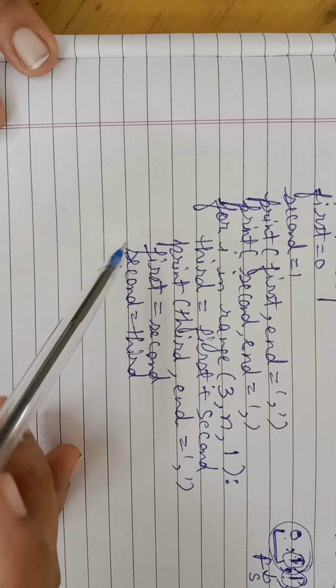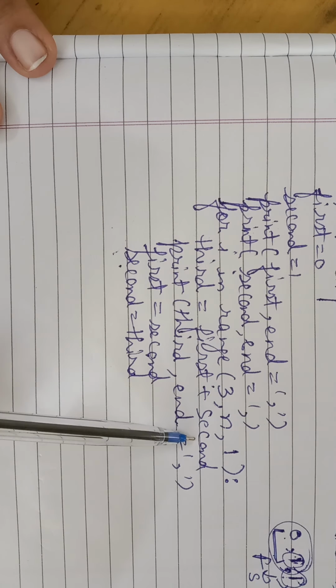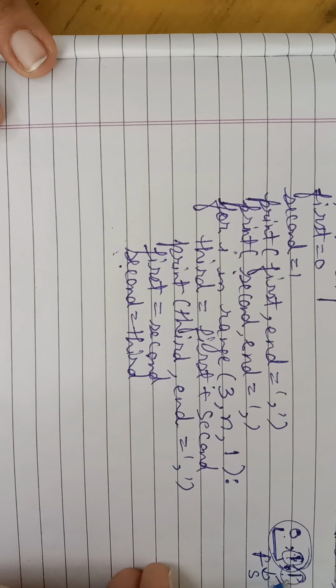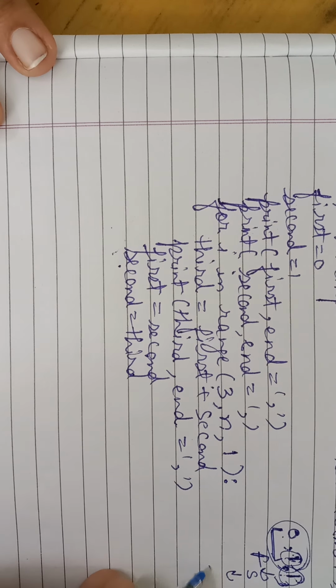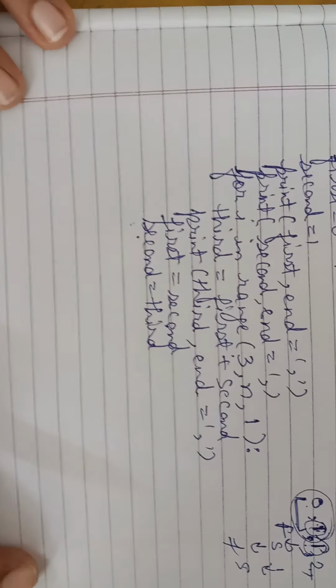Now again, it will go inside the loop and generate the series from the first and second values. That means 1 plus 1, 2. 2 is printed. After that again make this second one as first and this third one as second. In this way we generate the Fibonacci series.